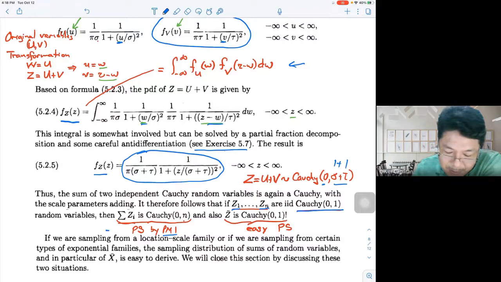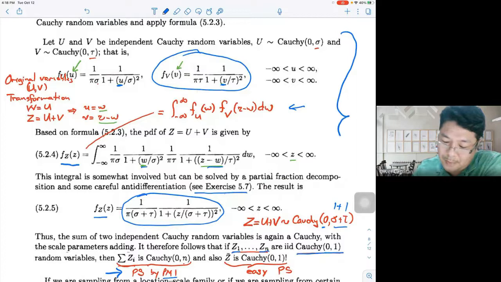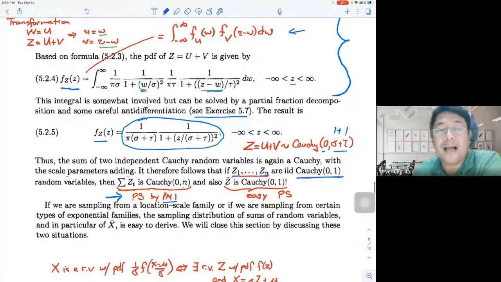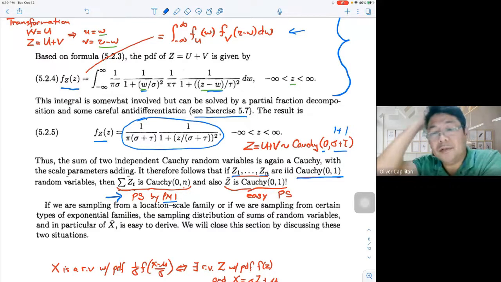So this is a problem set. Again, you apply the principle of mathematical induction. It is not difficult, it is so easy. You just apply the principle. You already have a format on how to show this first part, when you have two random variables. And then, lastly, you are going to determine the distribution of Z bar, the sample mean.